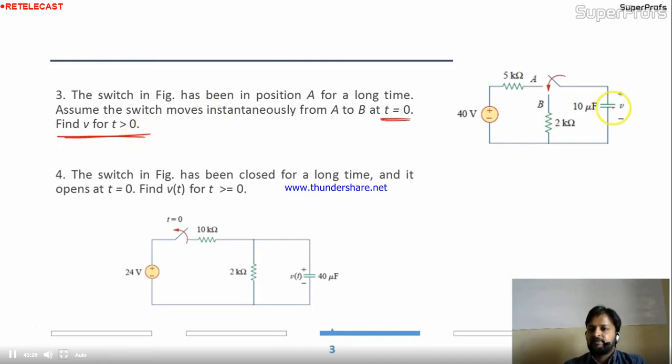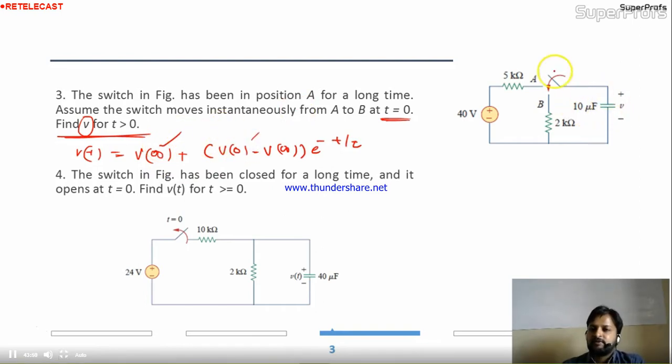Where is the V? Here is the V, across the capacitor. We know the formula. Vt is nothing but V infinity plus V0 minus V infinity e to the power minus t by tau. Is it okay? This is the formula. We need V infinity and V0.